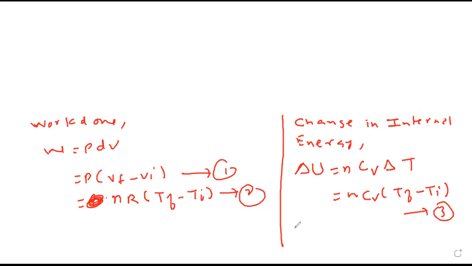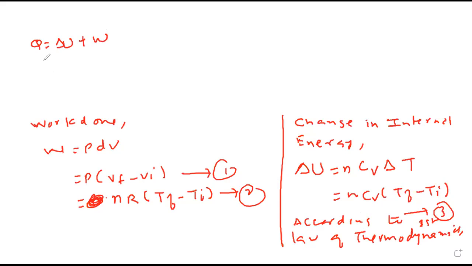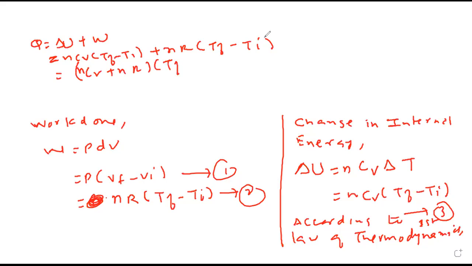So according to the first law of thermodynamics, Q equals delta U plus W. So this is nCv into T final minus T initial plus nR into T final minus T initial, which is n into Cv plus R, into T final minus T initial.